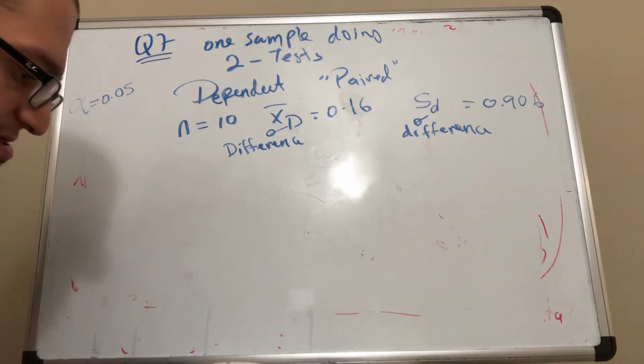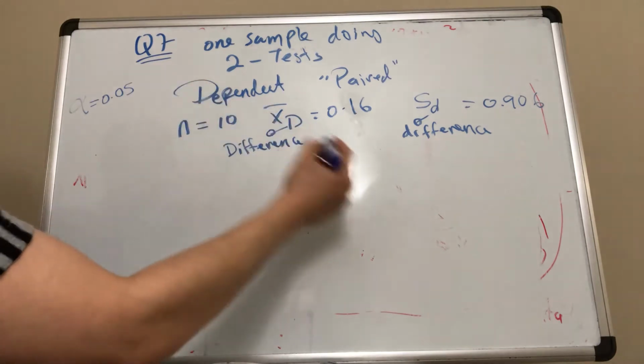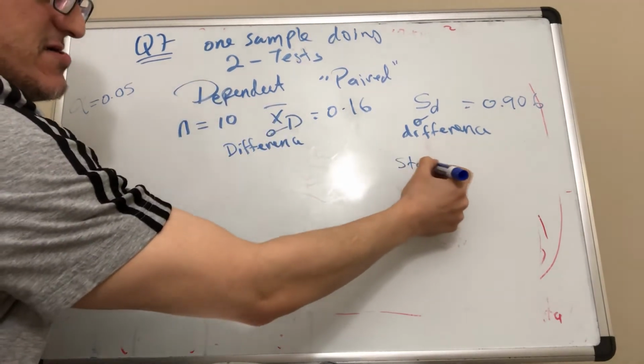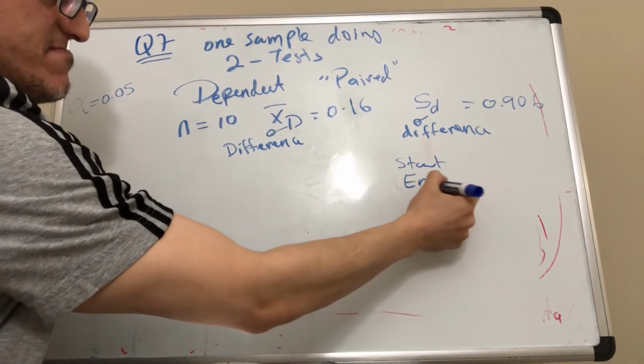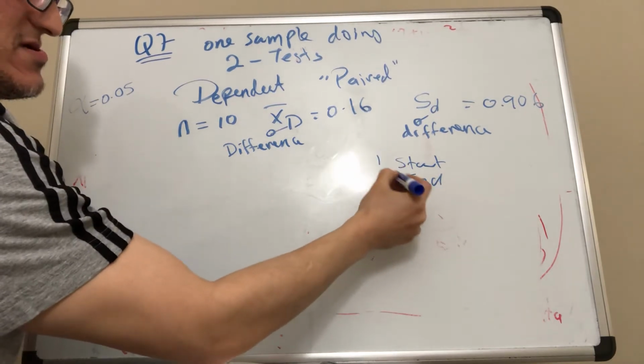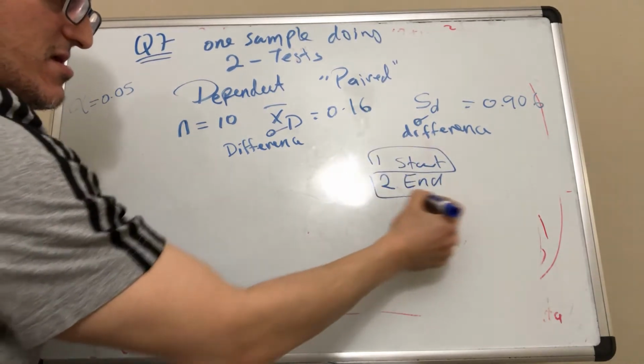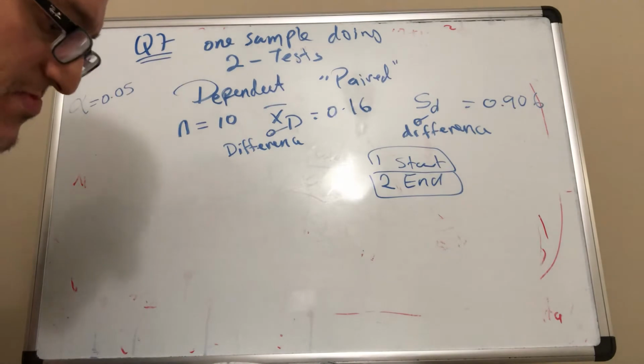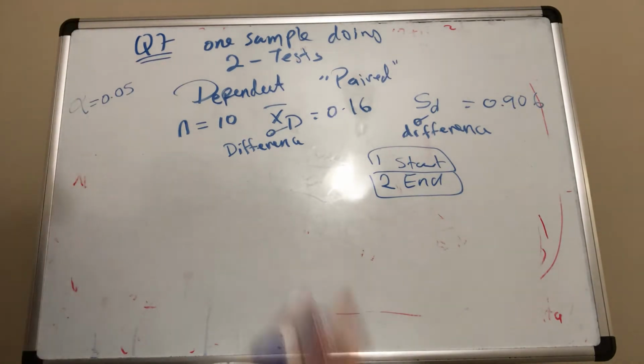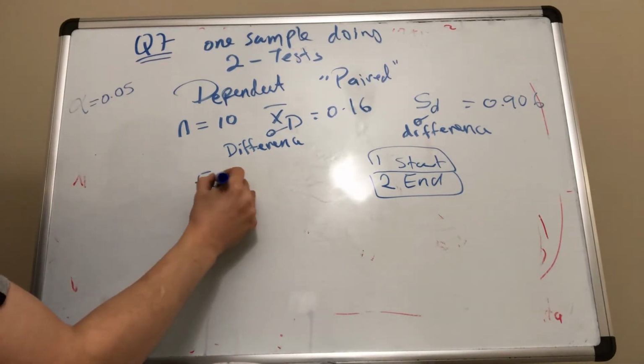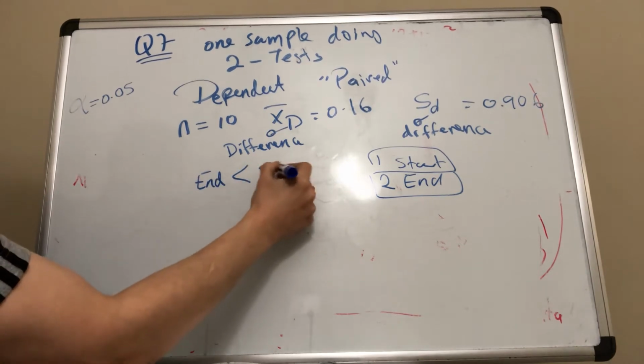So you have the start and the end. This is 1, this is 2. Now, in order for this to be effective, the end must be less than the start.